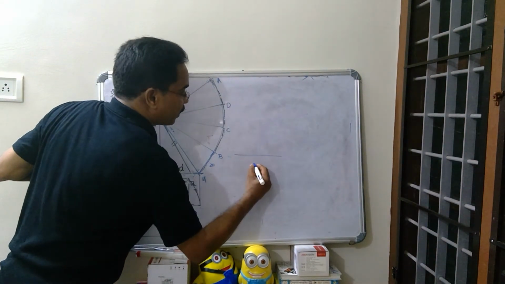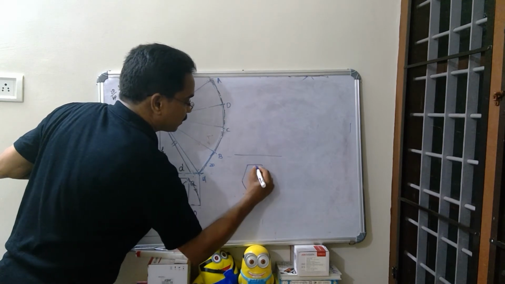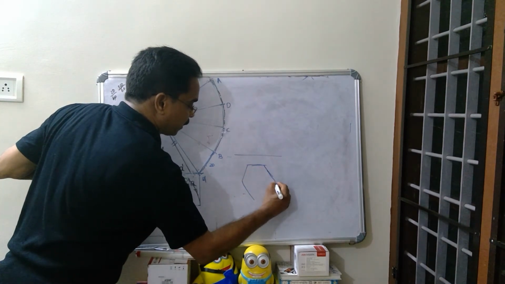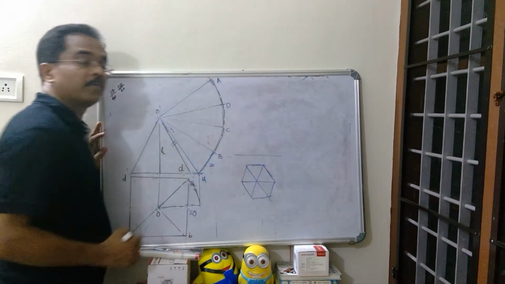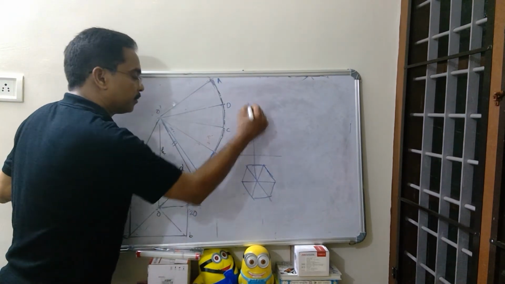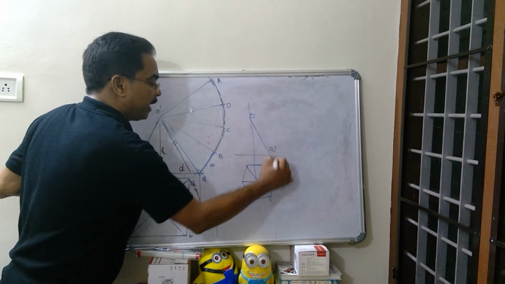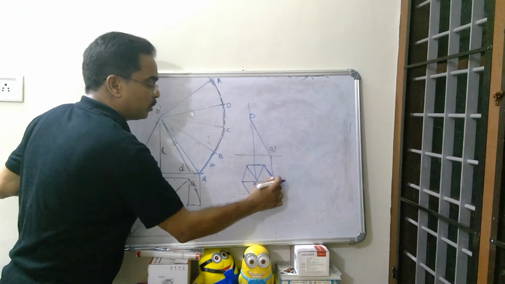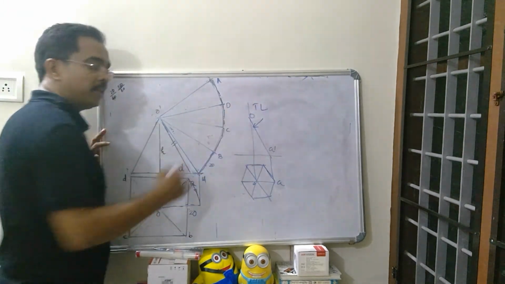Suppose you are drawing the hexagon, develop it like this. You can see that O dash A dash, OE. This OA is already parallel to the XY line, so this is the true length.